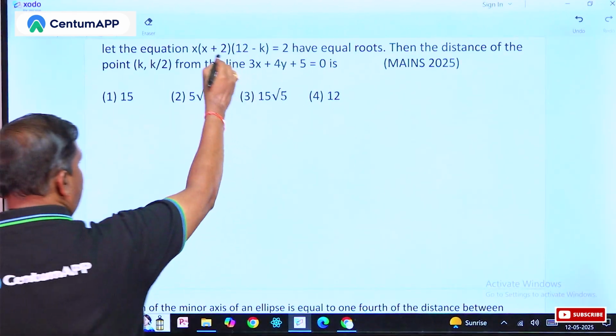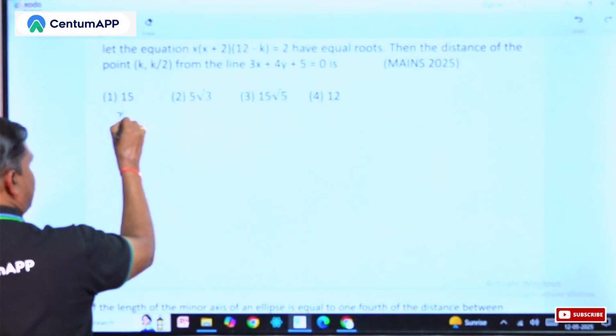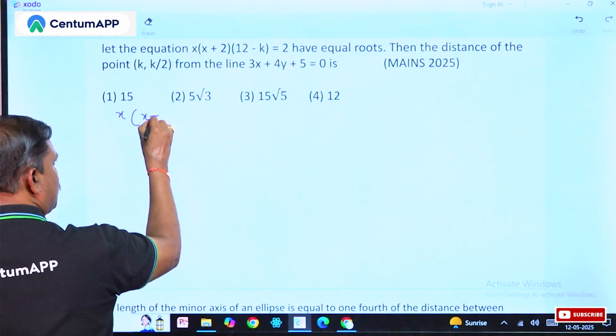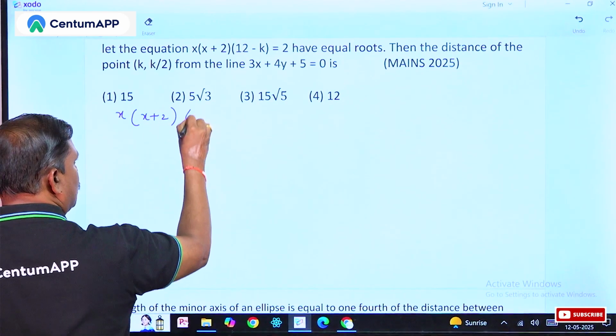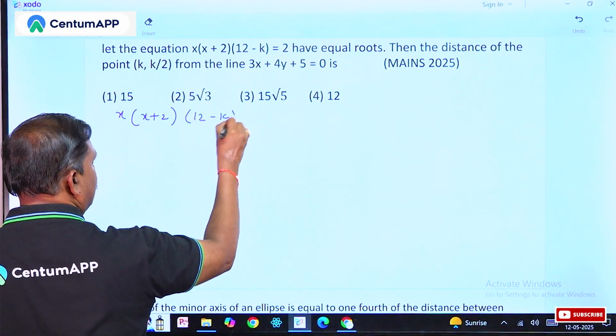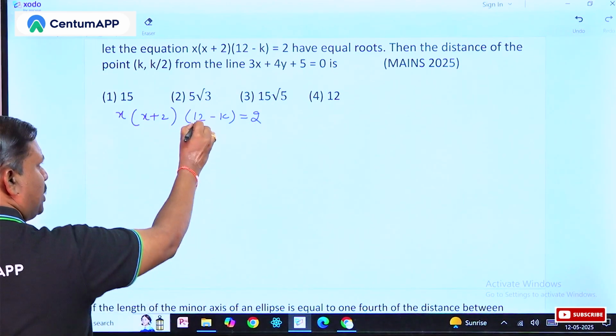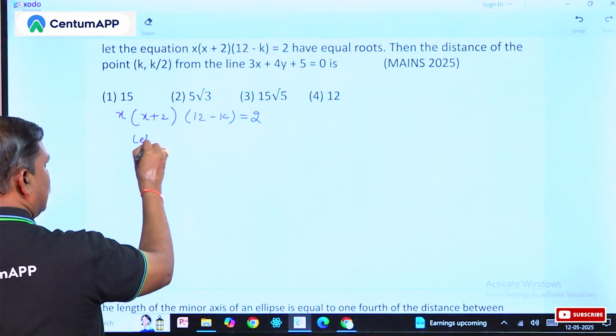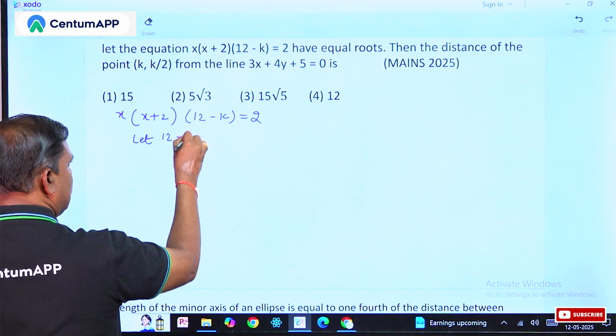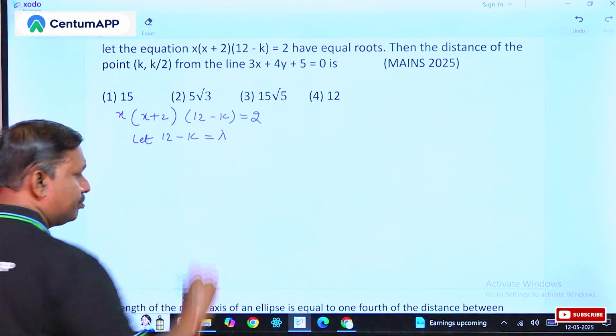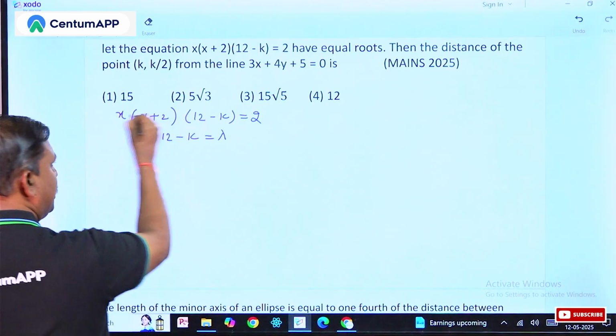Yes, what is the given equation? x(x + 2)(12 - k) = 2. Now we assume let 12 - k = lambda. Substitute lambda in the given equation.